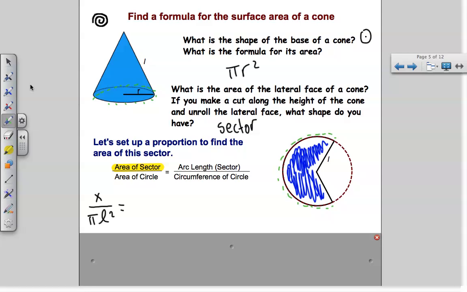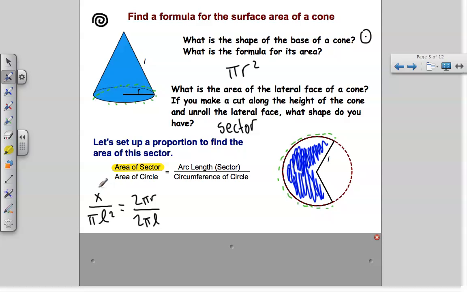So the arc length of that sector, the distance around this circle, is the same as the arc length here, and the distance around the circle is circumference. Circumference of the circle is 2 pi r, and r really is the radius there. Over circumference of this circle, though, circumference is 2 pi r, but the radius of this circle is L, remember, because I was coming from the slant height here. So this one is 2 pi L.